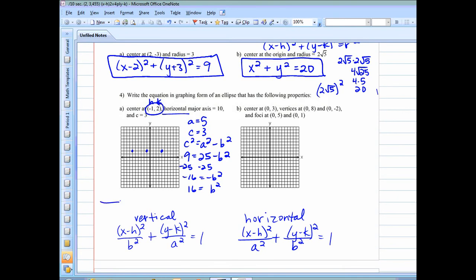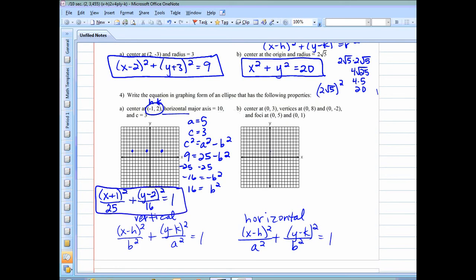So we're going to write our answer. That's a fraction plus fraction equals 1. The center is going to be x plus 1 quantity squared, y minus 2 quantity squared for my h and k. Because it's horizontal, then our a squared is going to be under the x, and the b squared is going to be under the y.